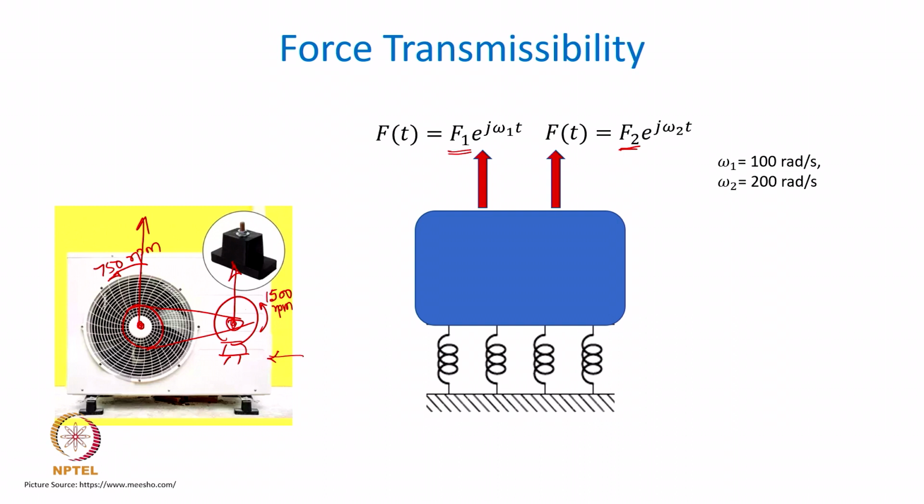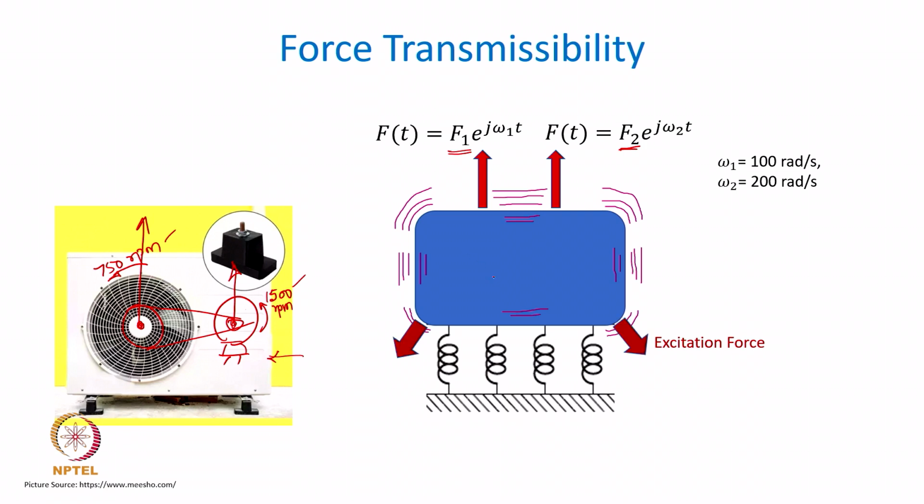Now, let us assume that they have frequencies, let us say 100 radians per second and 200. Now, they may be different than those values here, just for the sake of illustration. These two frequencies are, let us say, one is double of the first one. Now, what we already know is that with these excitation forces, the mass or the condenser unit is going to shake with some vibration amplitude, and that is going to act like an excitation force.